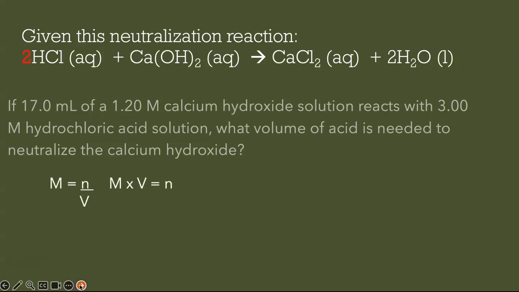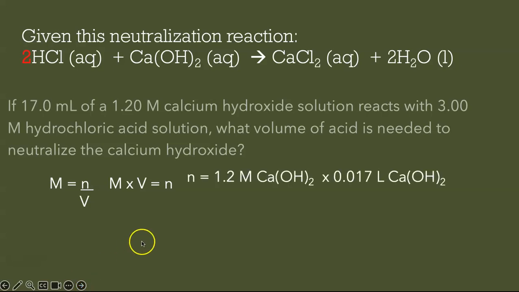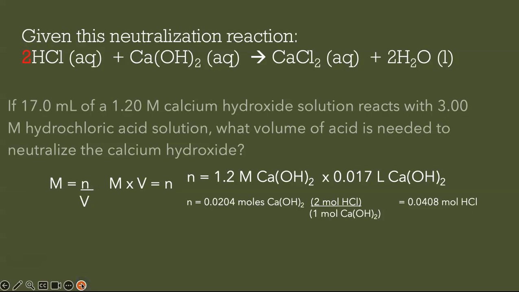All right, so hopefully you remembered your molarity calculations. And so you take the molarity times the volume of your calcium hydroxide. Then you get moles of calcium hydroxide. Look at your mole ratio here. That 2 moles of HCl is equivalent to 1 mole of calcium hydroxide.